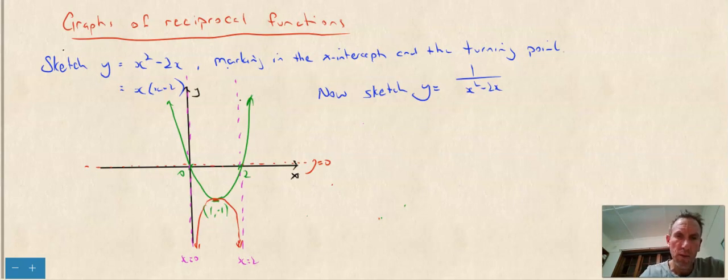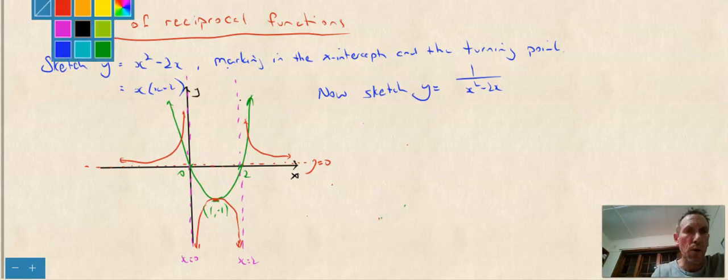So as my function gets larger, my reciprocal function gets smaller, and vice versa. As this green curve gets in super close to the 2 and becomes really small, I am now taking the reciprocal of a really small number, which is a really large number. So I have a branch here, and similarly over this side, I have a branch here. And that is the sketch of my reciprocal function.